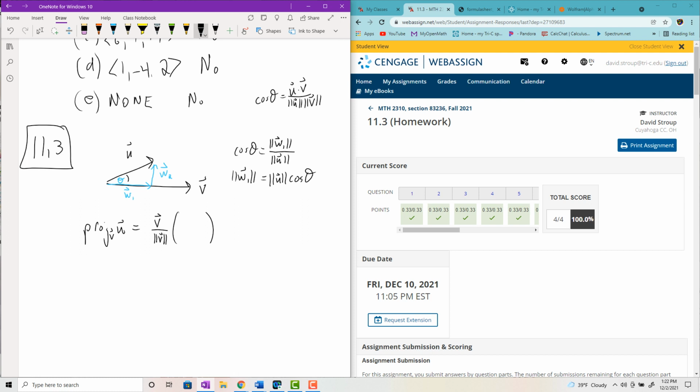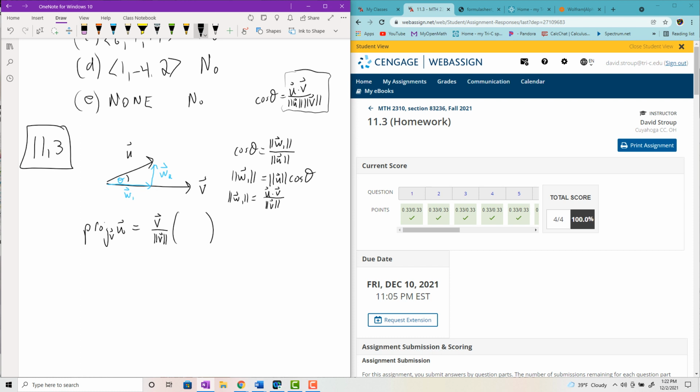If you multiply that by the magnitude of u, the magnitude of W1 is u dot v all over the magnitude of v.